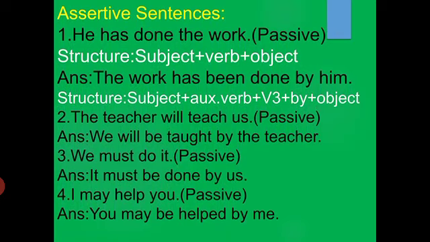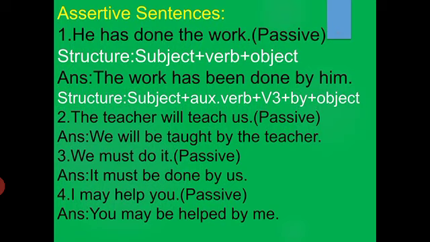And the structure is subject plus auxiliary verb plus V3 plus by plus object. And what is interesting here, all the assertive sentences will follow the same structure in making passive voice.